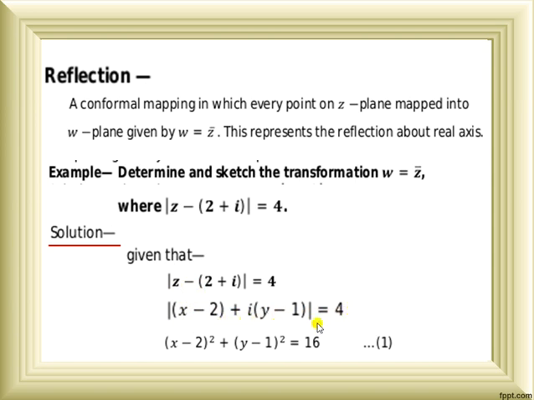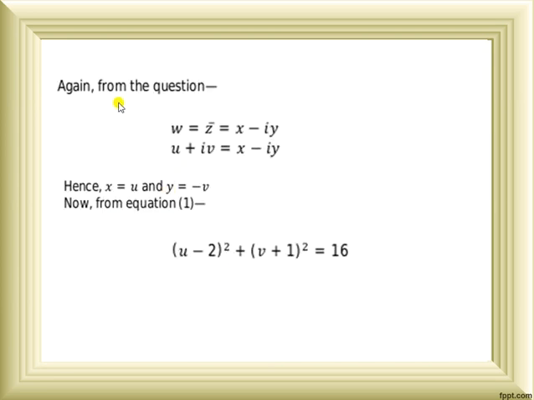Squaring on both sides, I will get x minus 2 the whole square plus y minus 1 the whole square is equal to 16, because the modulus of x plus iy is the square root of x square plus y square. So in place of x I have x minus 2, and in place of y I have y minus 1.